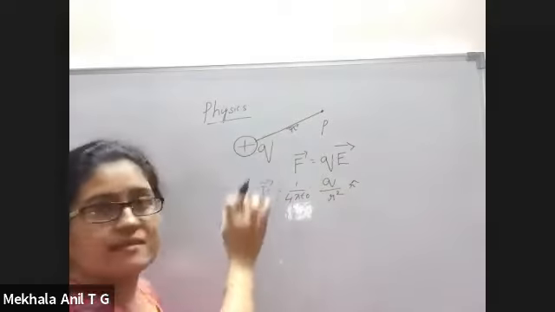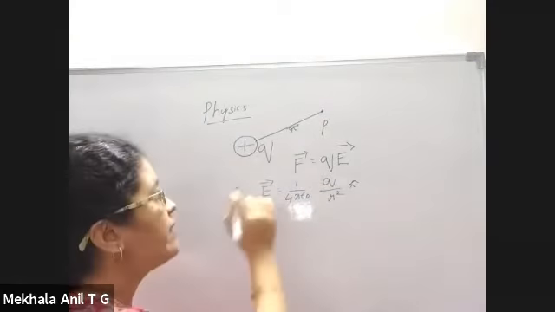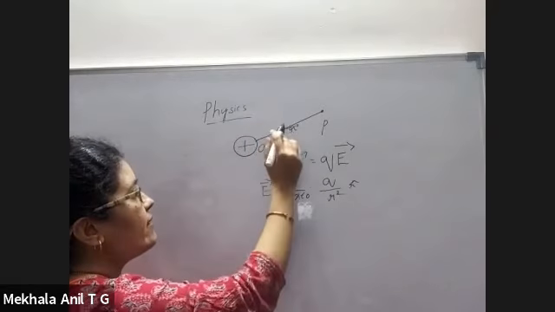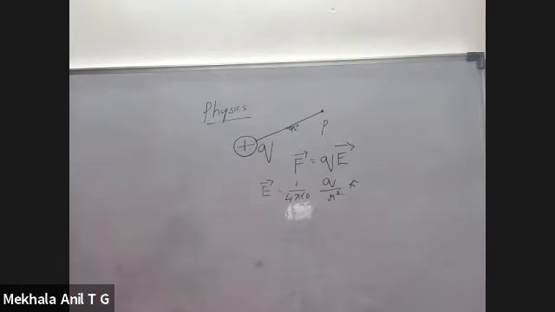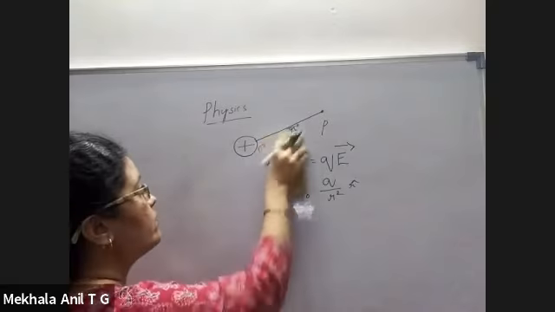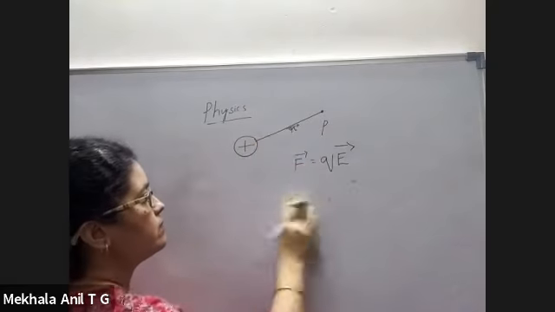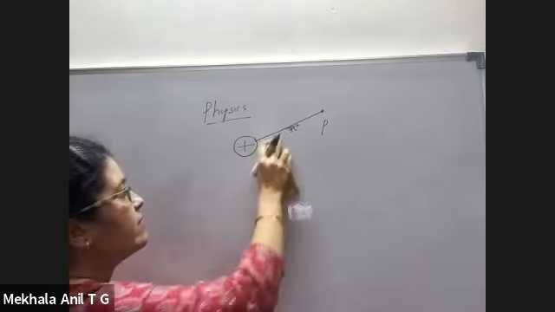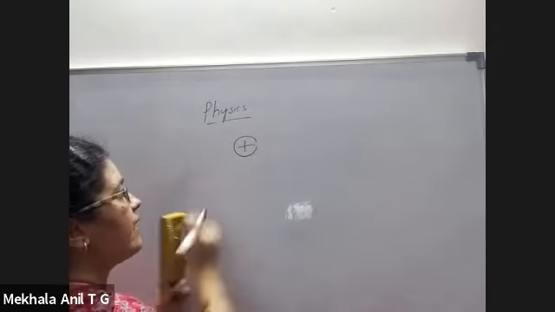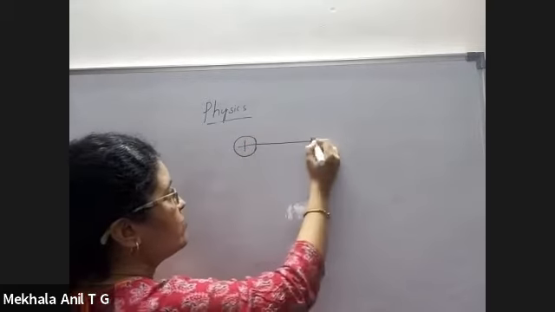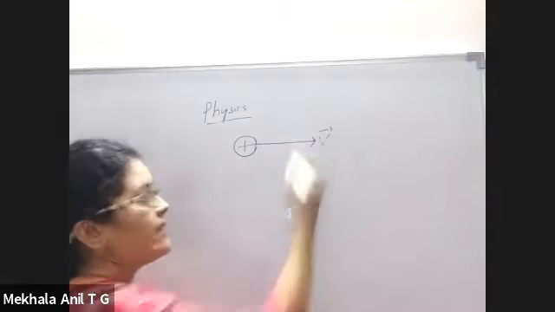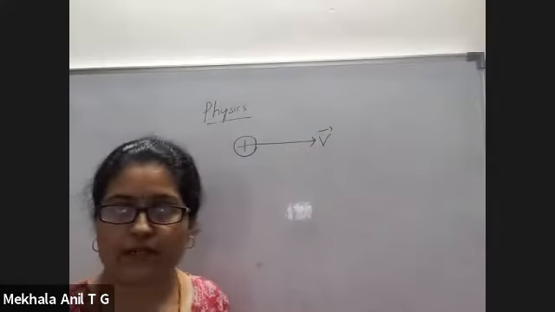Now, this is a static charge. Now, let this charge start moving in a direction. Let V be the velocity of it.